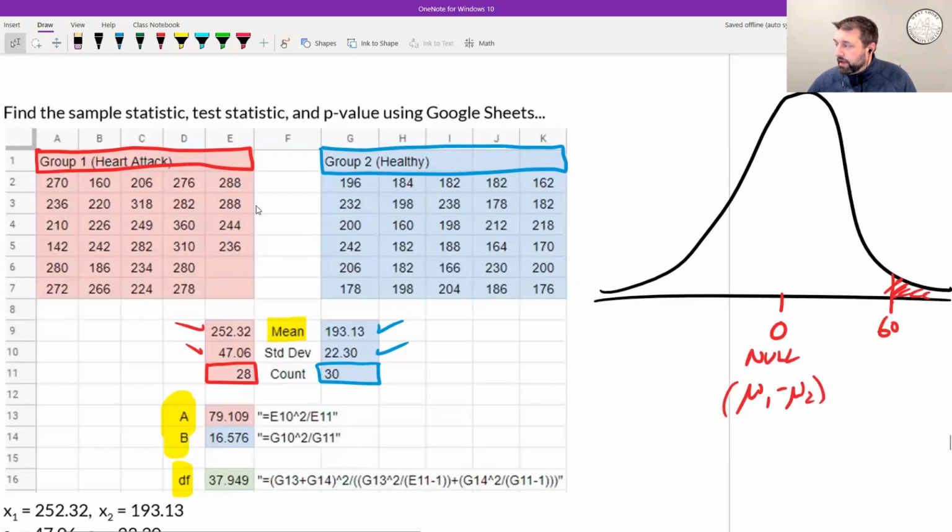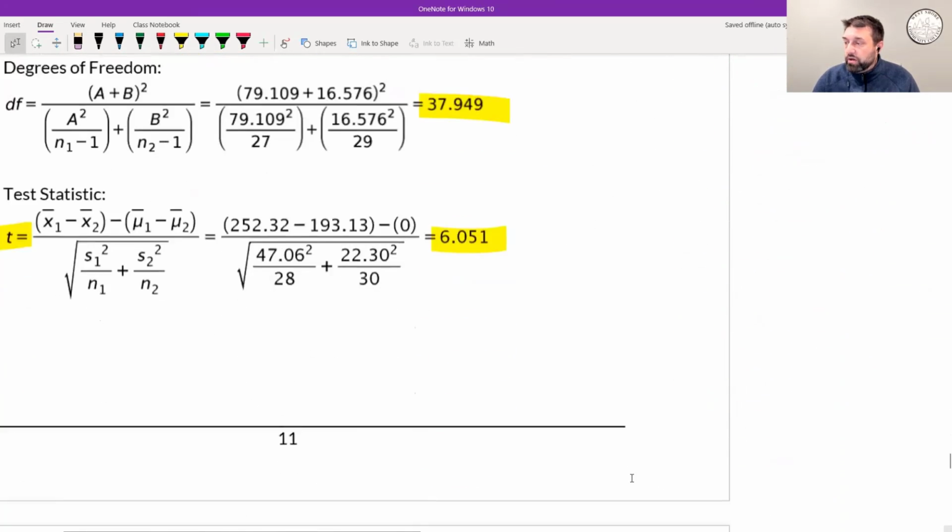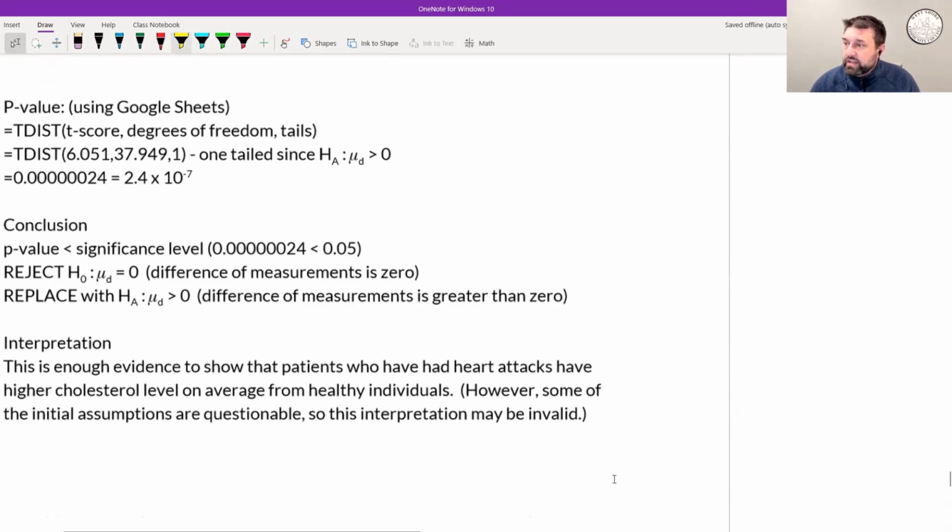We are going to find this p-value, and we are going to compare that to 1%. So is this area, is that p-value less than 1%? If it is, that's good for us. If it's not, then that's bad for us. And so we go through and we do all the calculations, and this is our p-value, an extremely small value for p.